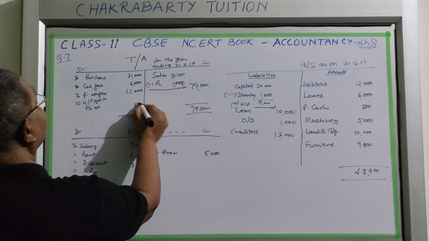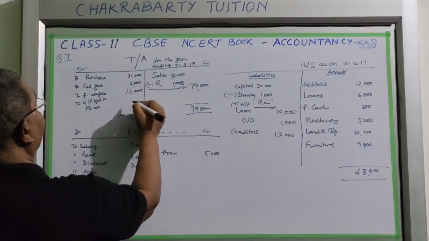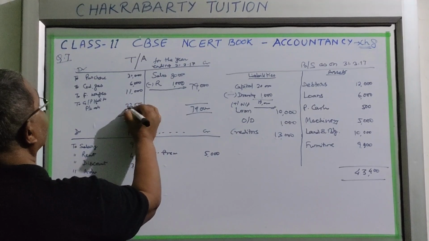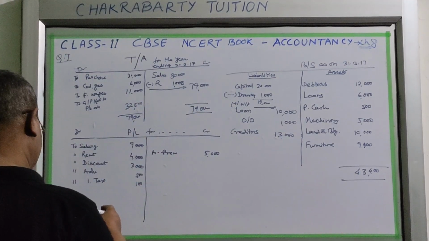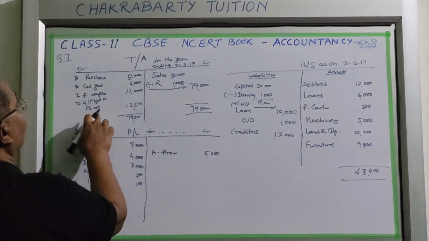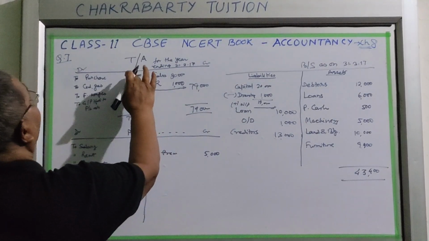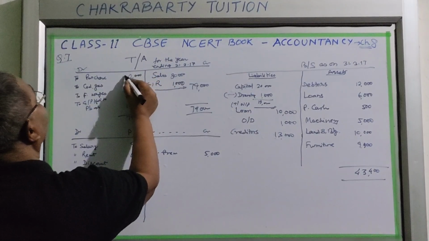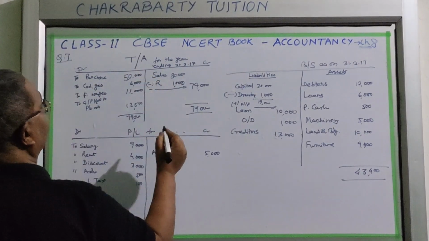So now what is coming here? 32,000 is coming. So this gross profit will come here. It is 50,000. Now it is more clear.